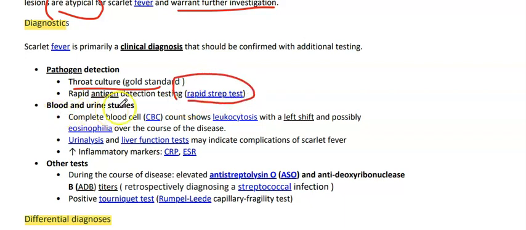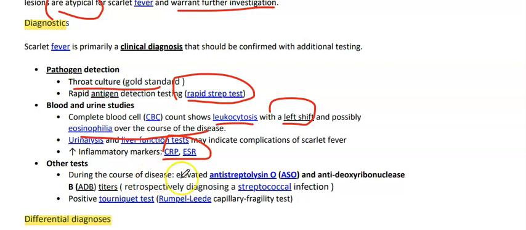Blood and urine studies: the CBC shows leukocytosis with left shift, so leukocytes will be elevated, and possibly eosinophilia over the course of the disease. Urinalysis and LFTs may indicate complications of scarlet fever, and there will be elevated inflammatory markers like CRP and ESR.